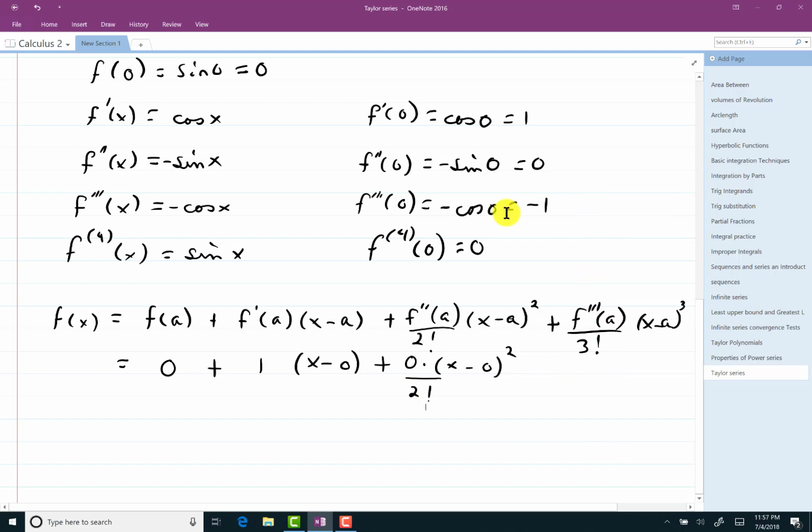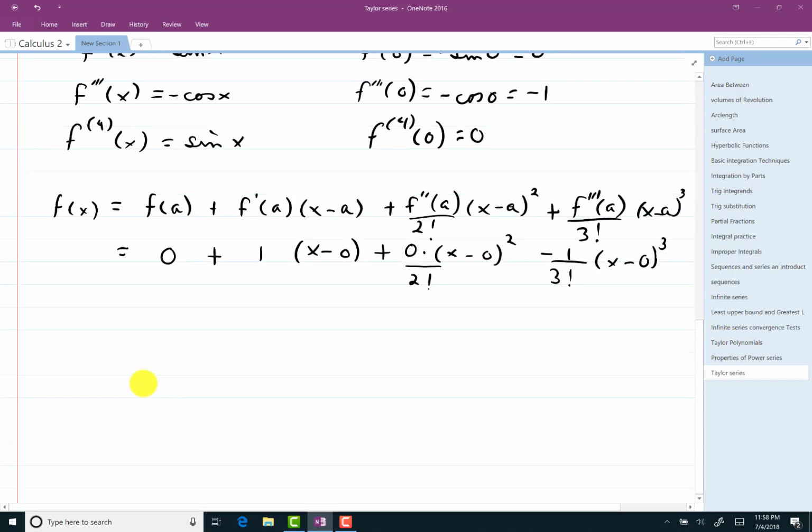Then we have, since it's a negative 1 there, negative 1 over 3 factorial times (x minus 0) to the third. And then it'll repeat again. So I'll have 0 over 4 factorial times (x minus 0) to the fourth. I'll put one, maybe a couple more here. And then I think it'll go negative again, no, positive again.